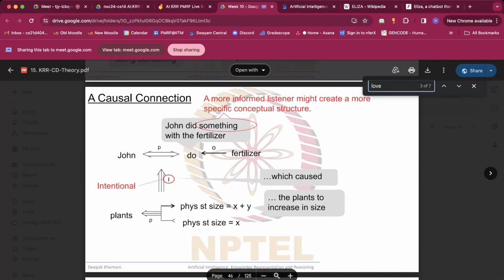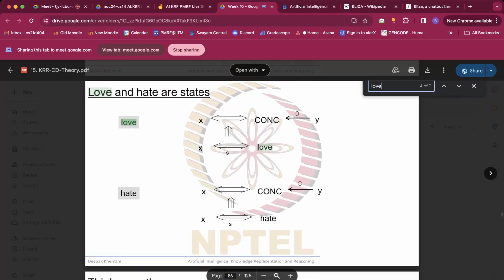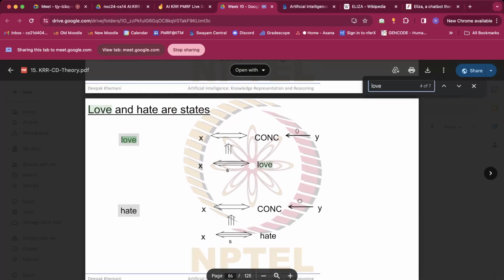Instead of just saying that John did something with the fertilizer, which caused the plants to increase in size, this is an example of a direct cause of something. John did something with the fertilizer, which is essentially he put the fertilizer on the plants, which caused the plants to increase in size. Okay, so this is an example of a causal connection. And similarly for these also, you see that there is a specific type of causal connection involved over here.